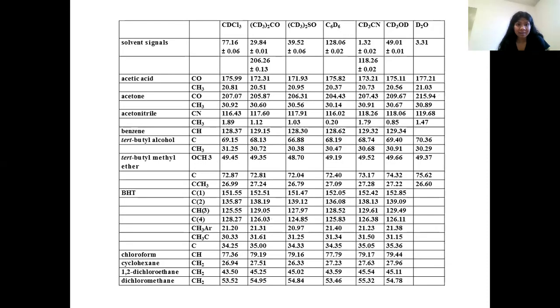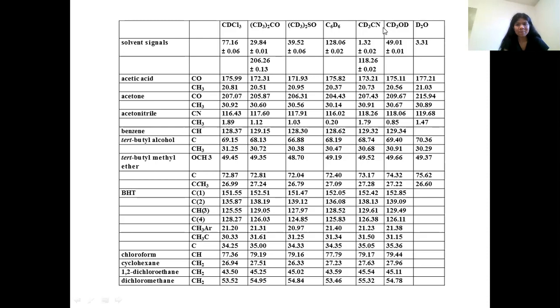Now these are the signal impurity tables for 13C NMR. The same thing happens as in proton NMR. You will always get some extra peaks, and for any peak you cannot assign to your characteristic carbons, you just check here whether you can assign it to any of the solvents or impurities you have used during your synthesis procedure.